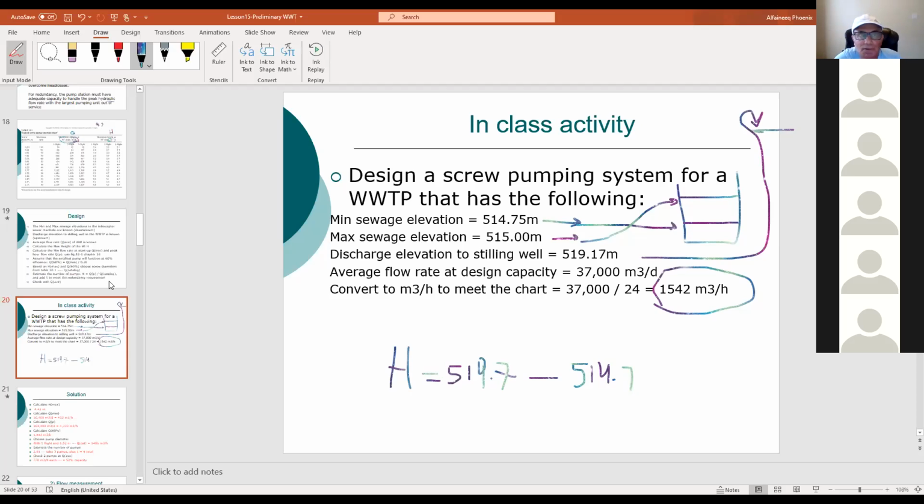Okay. What's going on with this? Oh, not responding. One second, please. That's 4.42 meters.